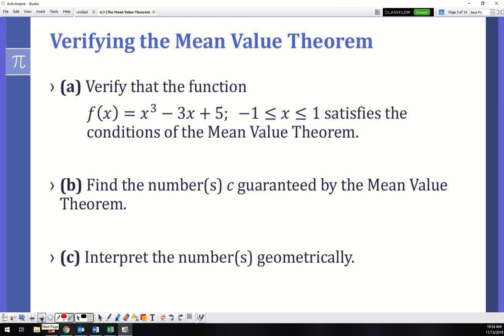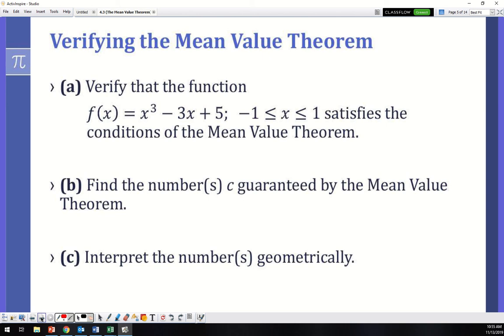Verify that the function in between that interval satisfies the conditions of the mean value theorem. If it satisfies the conditions, the first thing I'm going to find is the mean slope, the slope between the endpoints.